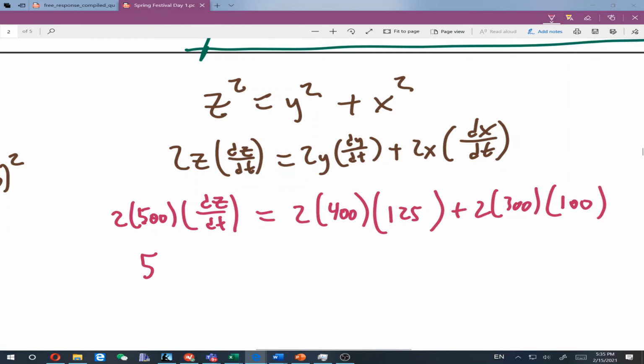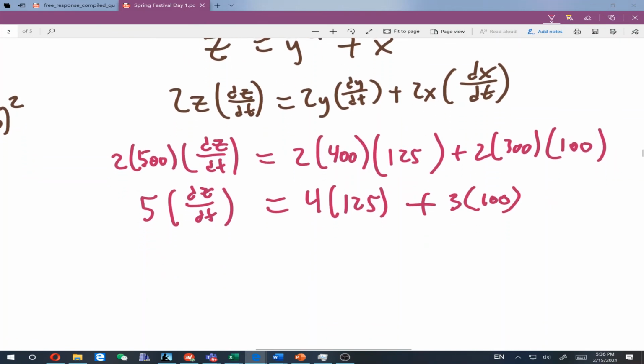So that'll leave me with 5 times dz over dt equals 4 by 125 plus 3 by 100. What's 4 by 125? Not dx, dz over dt.